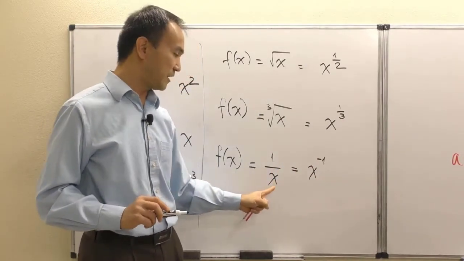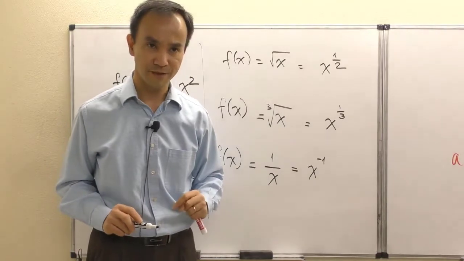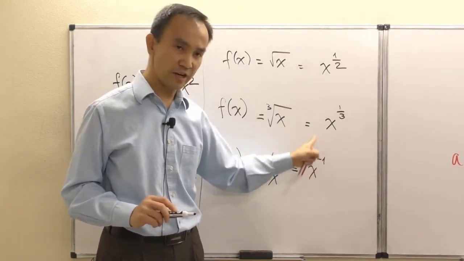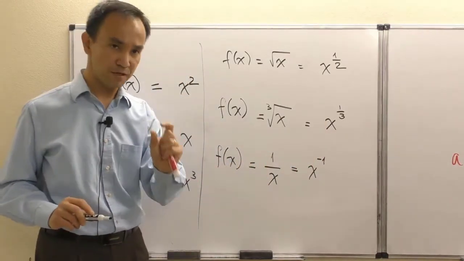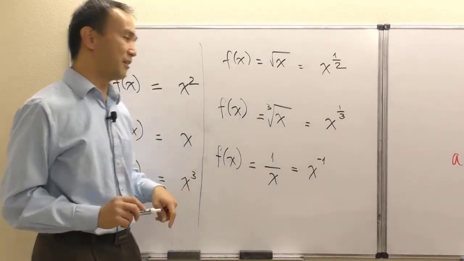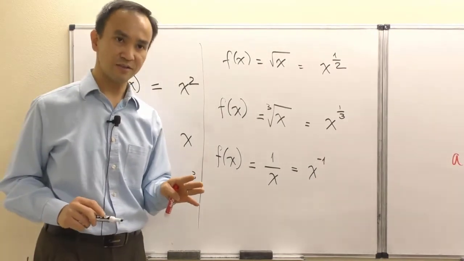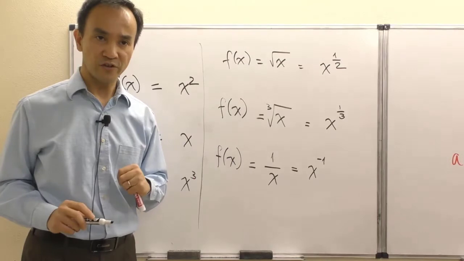Only the input variable changes. The input variable again is the base. The power here is given, and it stays permanent, and it's a number. So 6 functions among our toolkit functions are power functions already.